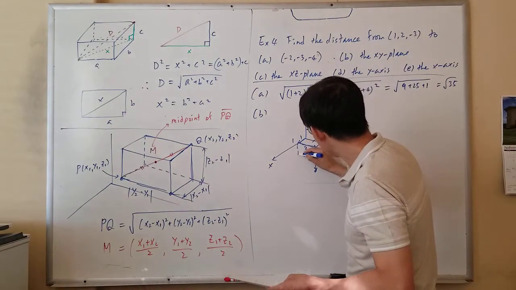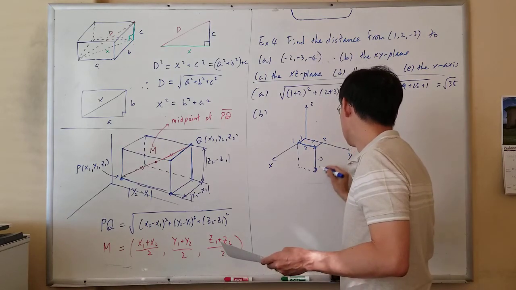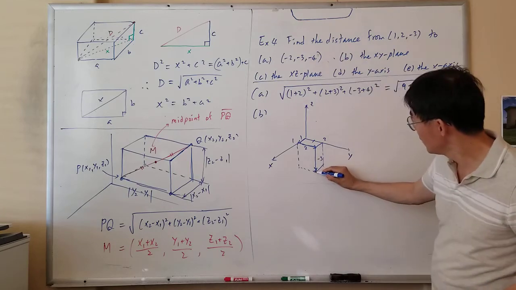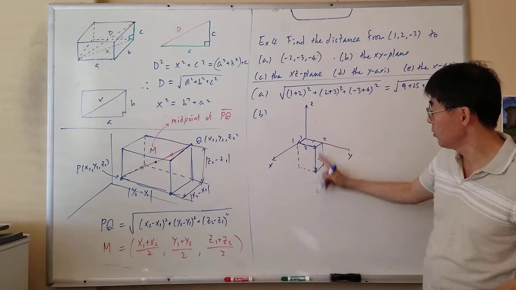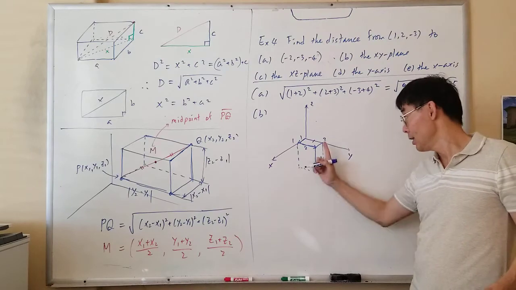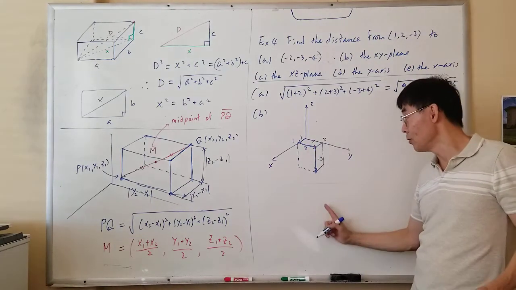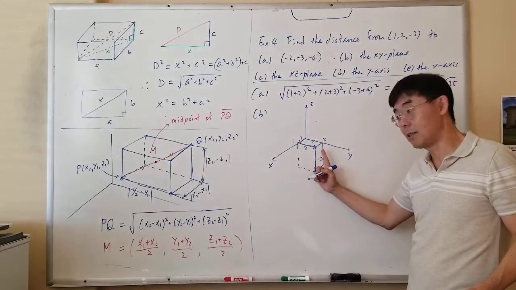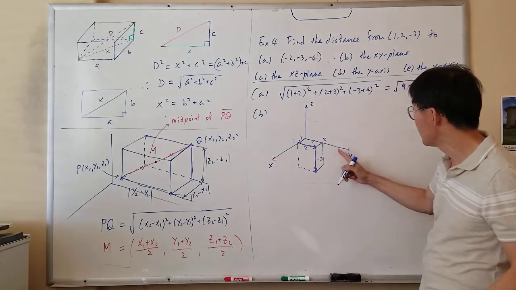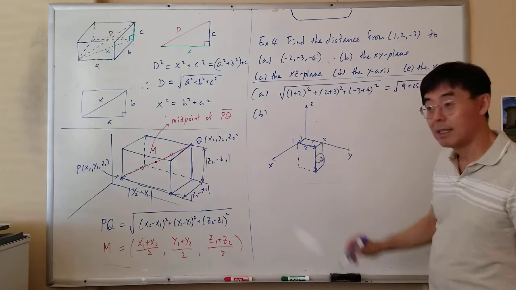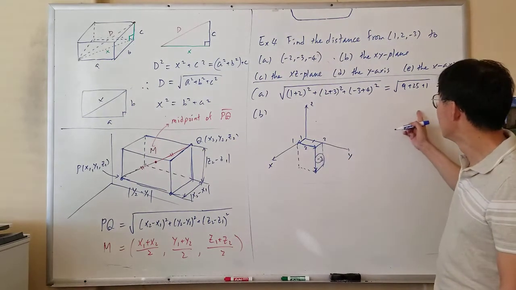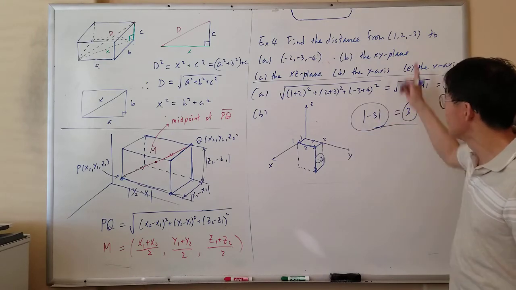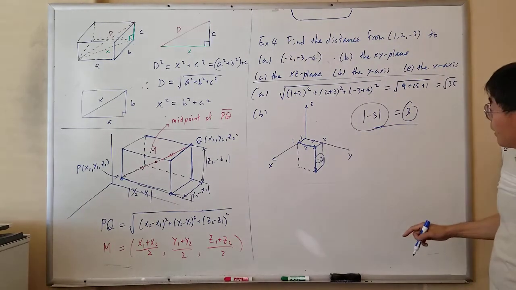So if you draw a rectangular box out of it, look at this point, the distance from the xy plane is just z, the distance along the z direction when you travel parallel to the z direction until you hit the xy plane. That's precisely the absolute value of your z coordinate. 3 is the distance. Okay?